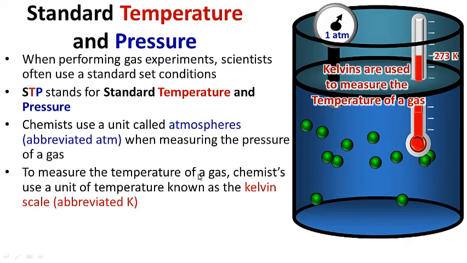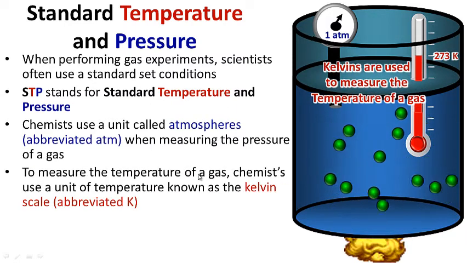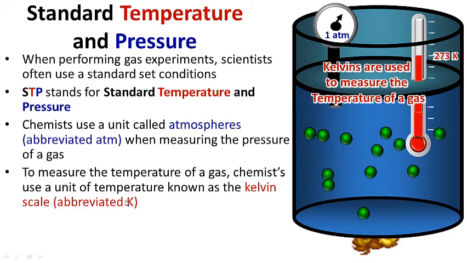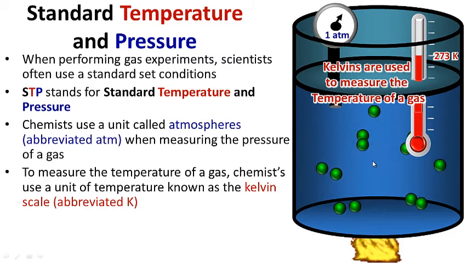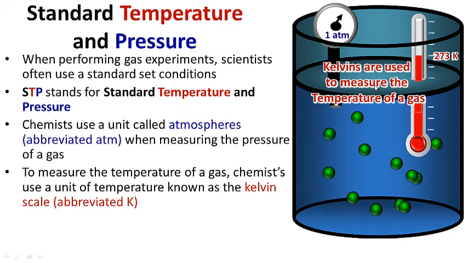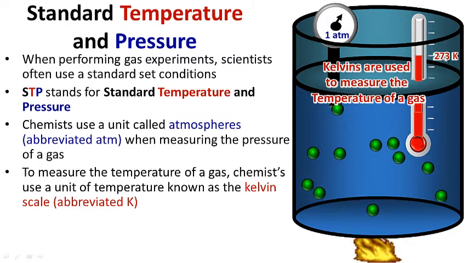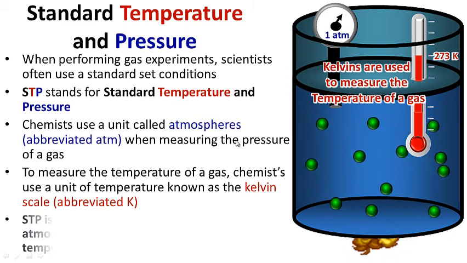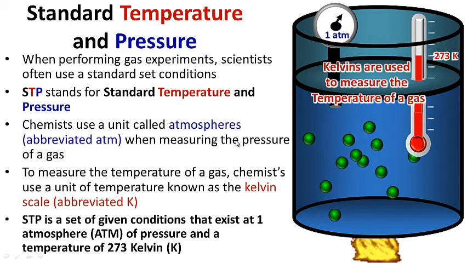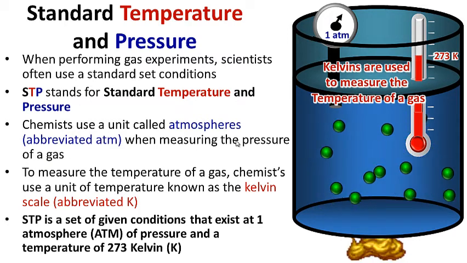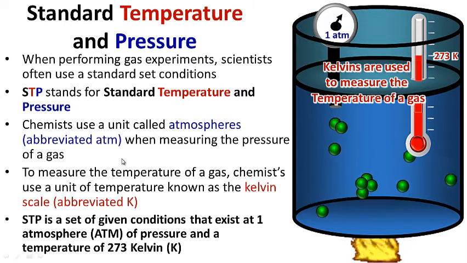To measure the temperature of a gas, chemists use the Kelvin scale, abbreviated K. For example, this gas here has a pressure of 1 atmosphere and a temperature of 273 K. So STP is a set of conditions that exist at 1 atmosphere of pressure and a temperature of 273 Kelvin.